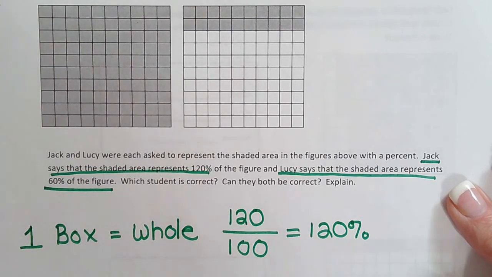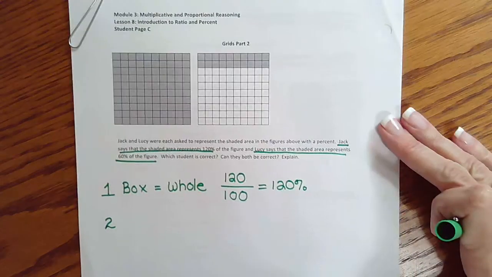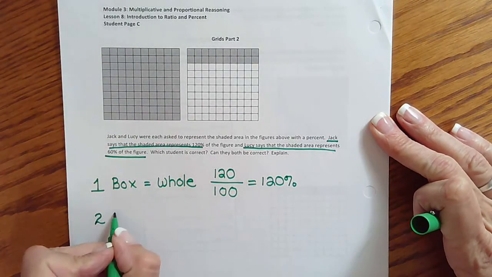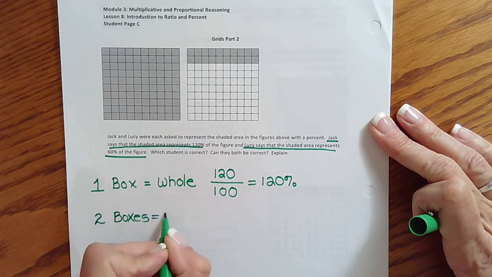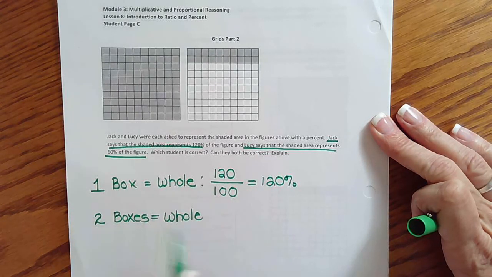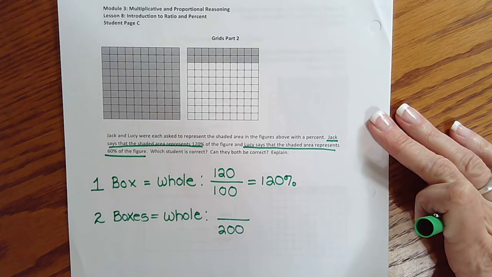But they didn't tell us one box equals a whole. So we need to do the other scenario. I'm going to make this smaller so we can see everything. So if two boxes make a whole, that means the whole is 200, not just 100.